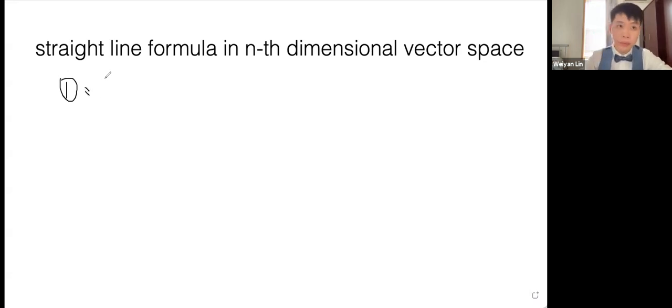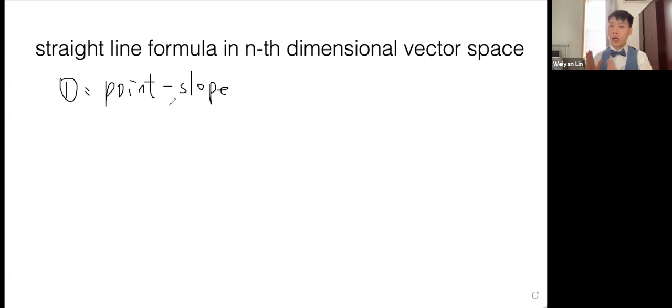One is called point-slope. It tells you what the slope of the line is, which tells you the shape of the line: it may be tilting up or going down, how steep the hill is.